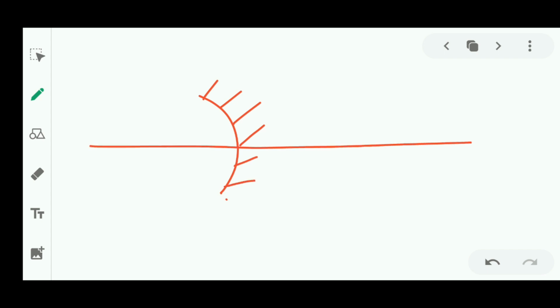You need to first draw the figure. So let us draw the figure. This is a concave mirror. This concave surface is the reflecting surface, and this is the principal axis. Now this is focus, this is center of curvature, and this is pole. If you keep an object within the focus, then what will happen?